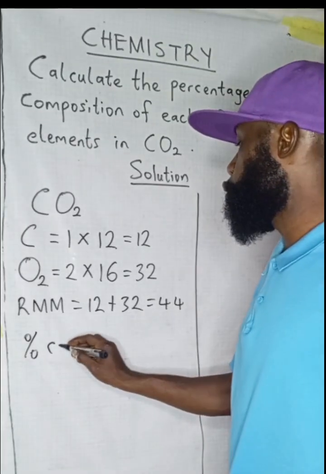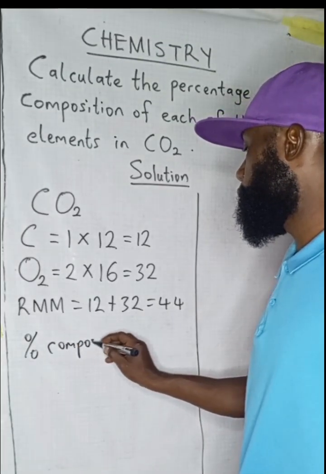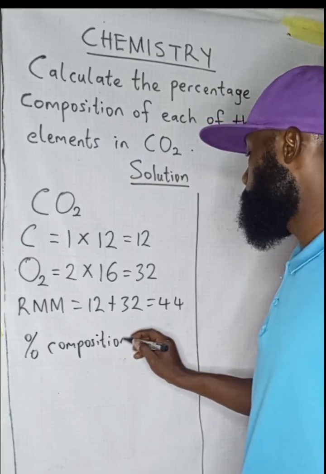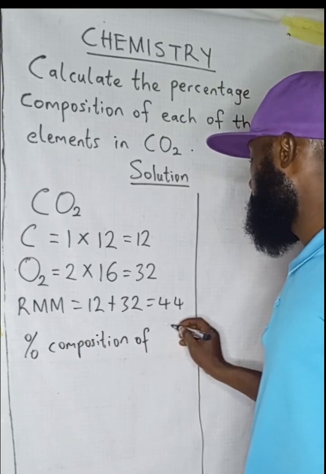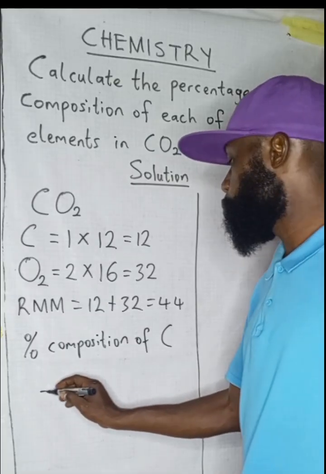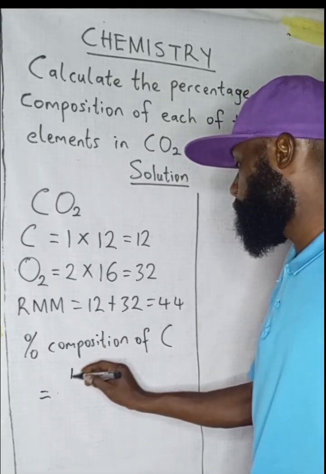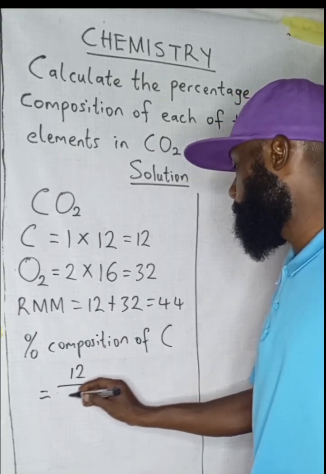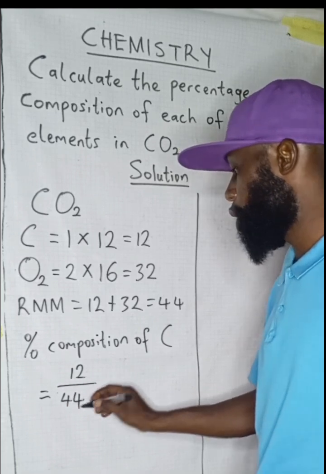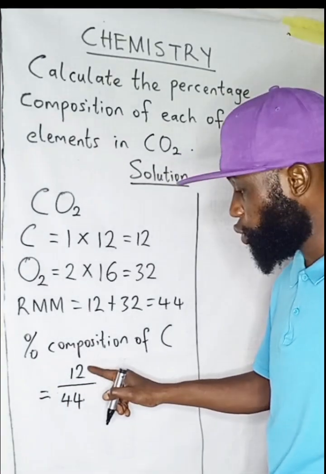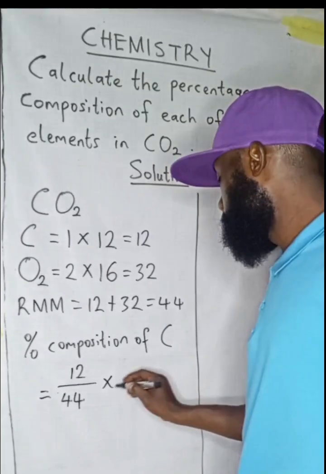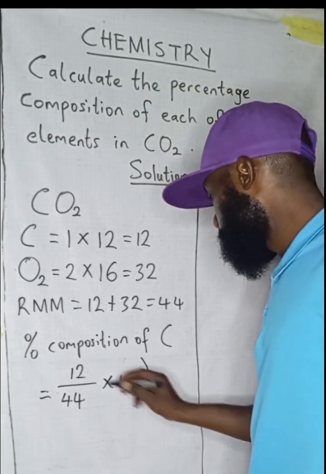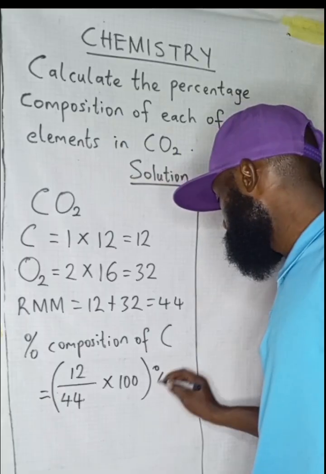So percentage composition of carbon, let's start with carbon, is going to be 12 over 44. Relative atomic mass of carbon over relative molecular mass of the compound times 100, and the answer will be in percentage.